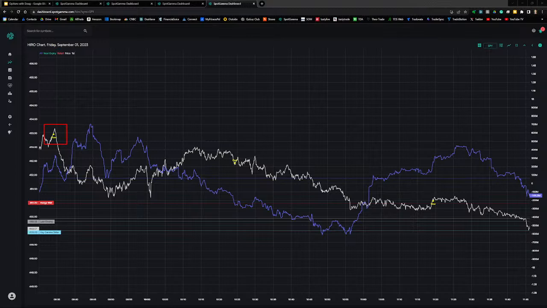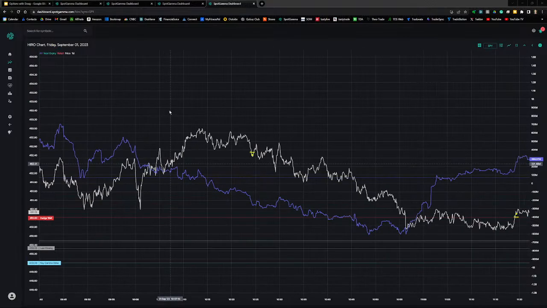And this is indicating, I guess, a high amount of hero flow. So there's the first alert at 9:34. Let's just zoom in on that so we can see what was happening at 9:34.